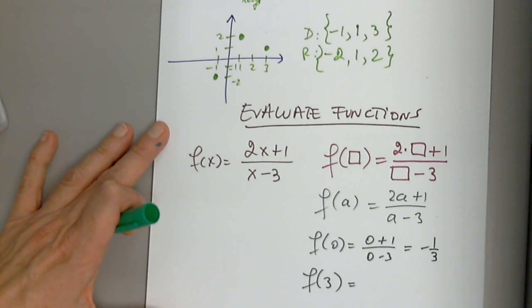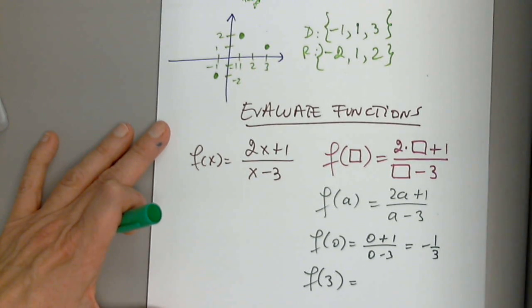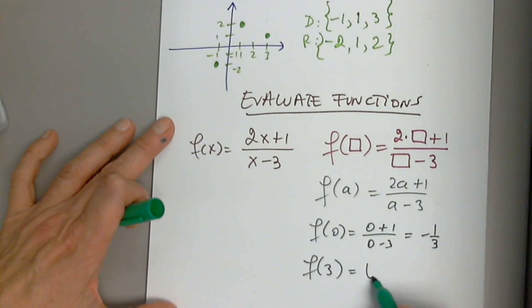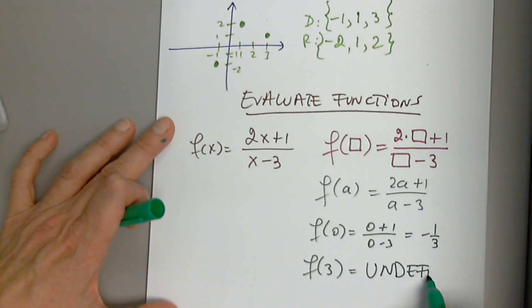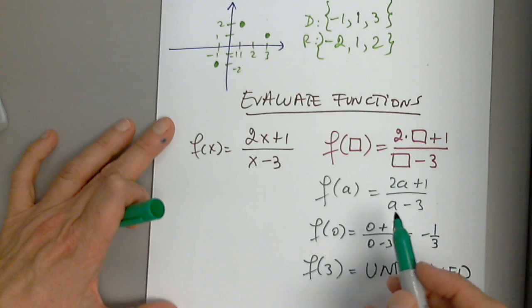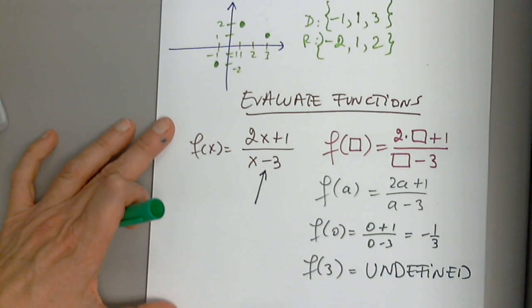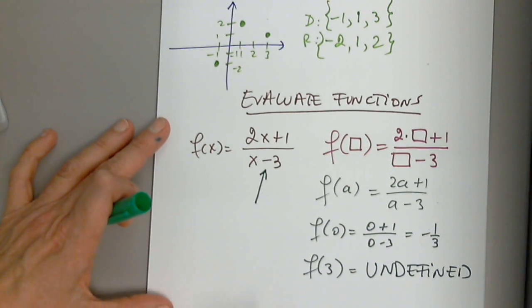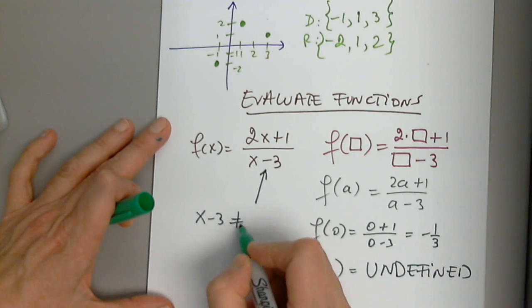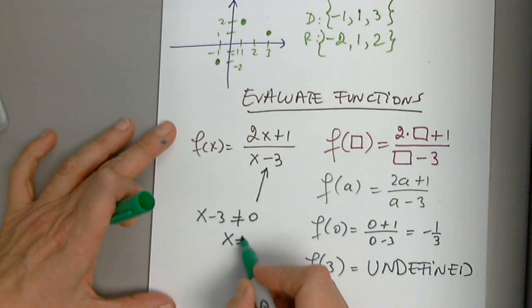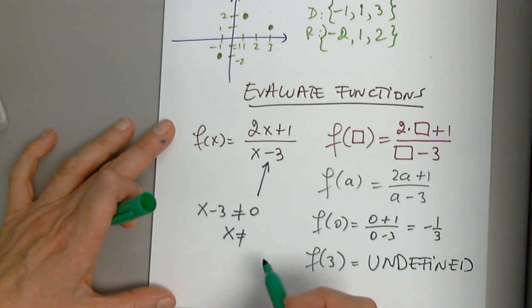Good, exactly. And then what does that mean for this particular one? Undefined. Very good. Why is it undefined? You got a 0. Exactly. Remember, we discussed this before in rational equations, in which we said x minus 3 could never be 0, which obviously means x could never be 3.